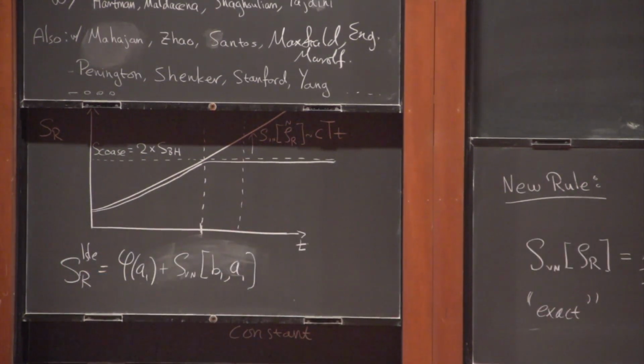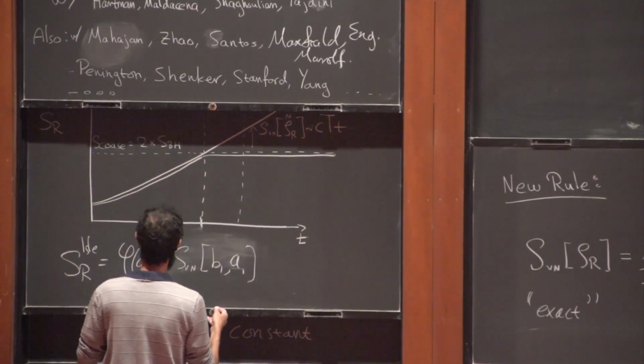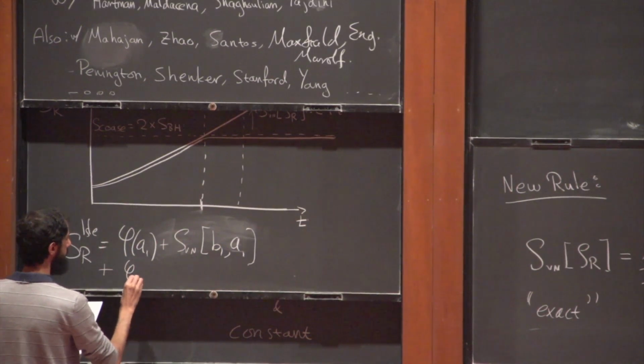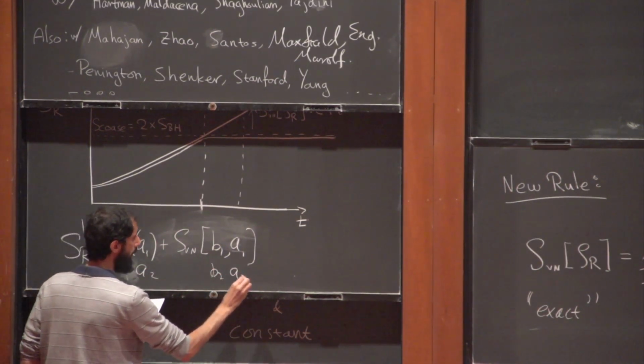So the endpoint of R here is V1. The endpoints of the island here are A1 and A2 and B2. And so the entropy of the island contribution will be a sum of 2 terms. The same thing, but with A2, B2, and A2.